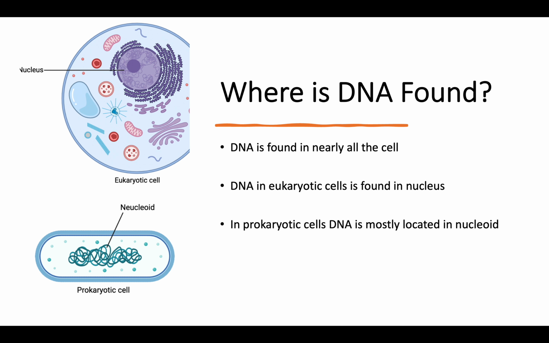So, DNA in eukaryotic cells is located in one of the compartments called the nucleus. On the other hand, prokaryotes, like bacteria, only have a single cell without any nucleus. So the DNA is mostly located in a central part of the cell called the nucleoid.